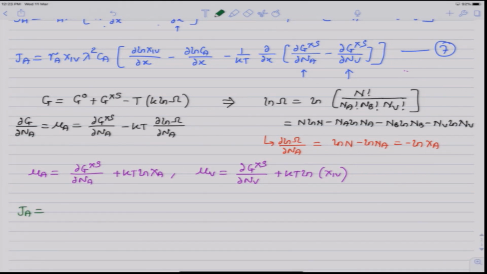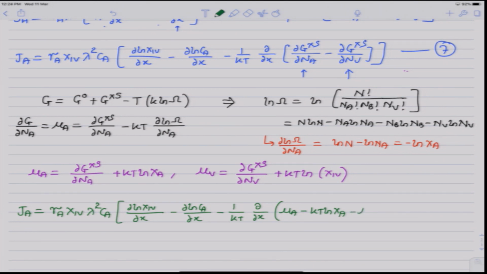JA equal to gamma A X1V lambda square CA times dou ln X1V by dou X minus dou ln CA by dou X minus 1 over KT times dou by dou X of dou G XS by dou NA, which is mu A minus KT ln XA, and dou G XS by dou NV is mu V minus KT ln X1V.